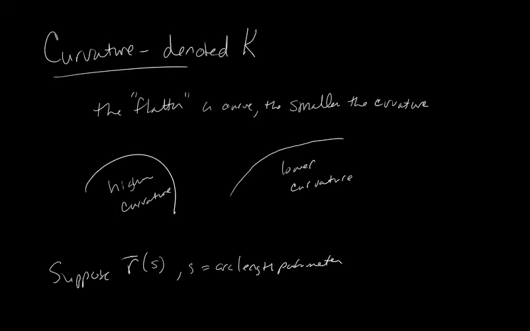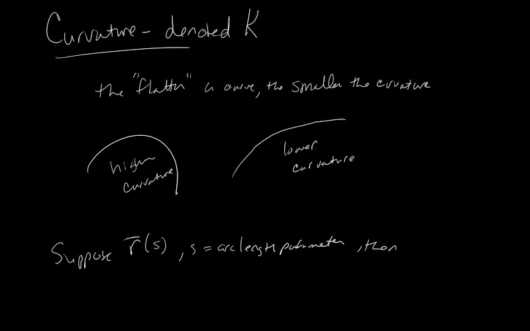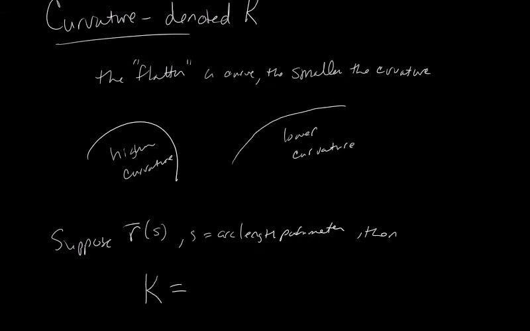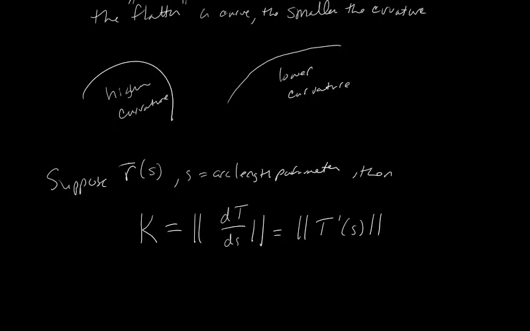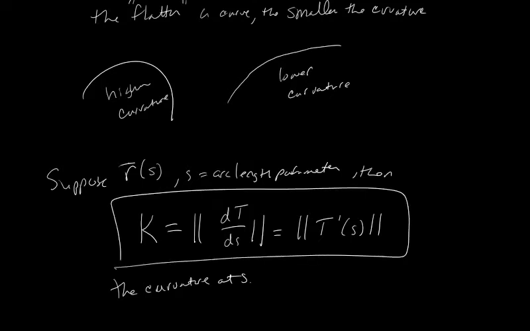Then the curvature, kappa, is equal to the magnitude of dT over ds, which is equal to the magnitude of T prime of s. So this is the curvature at s. So that's our curvature.